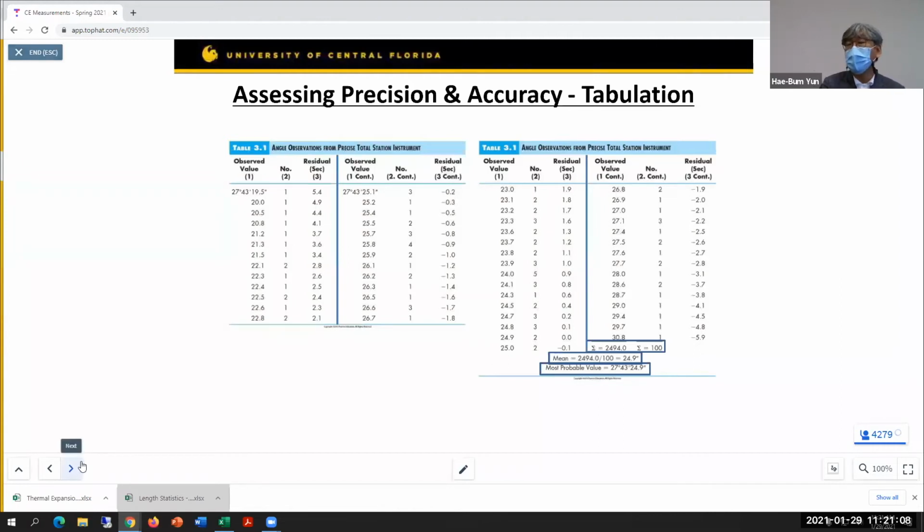And once you know the sample mean, then you can calculate the residual, right? How can you calculate the residual? The definition of residual is your observation minus the sample mean, right?